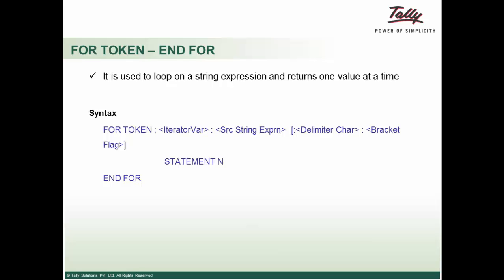What is the batch number? What is the manufacturing date and expiry date? But the number of characters is not fixed, so you don't know. But one thing that you are aware of is that it is separated by a hyphen. So you can make use of a for token loop to separate the string expression using the delimiter.